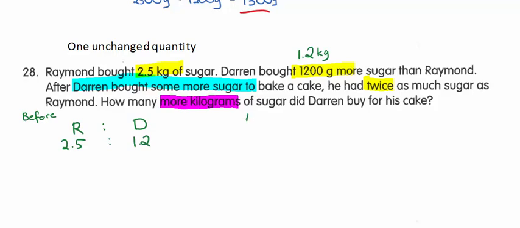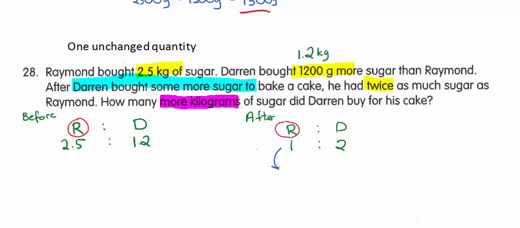Now after, Raymond is to Darren, after Darren bought some more sugar, he had twice. So Darren 2 times, Raymond 1 time. Because only Darren is changing, Raymond should be kept the same. I'm circling all this to remind me which is the one I should keep the same.